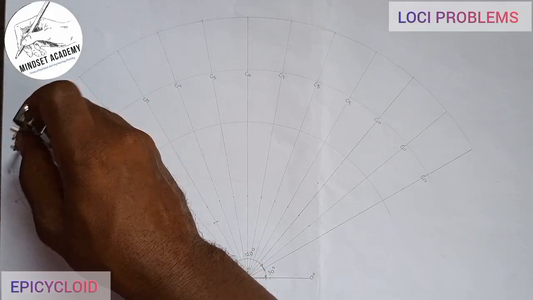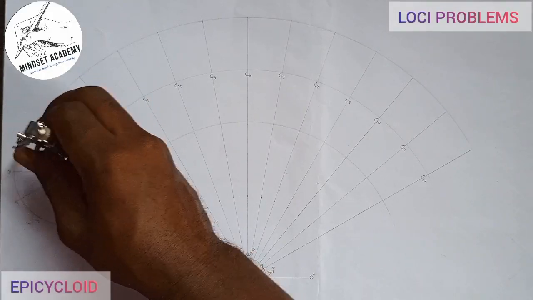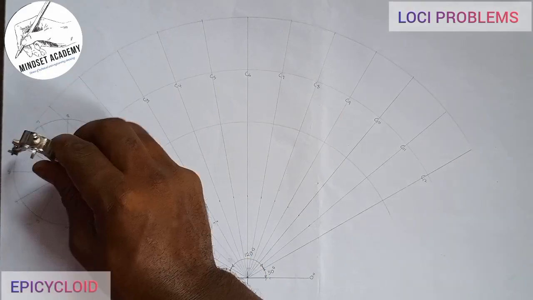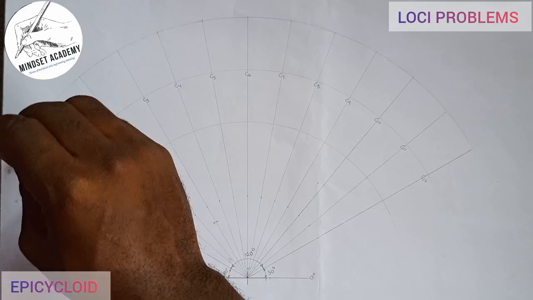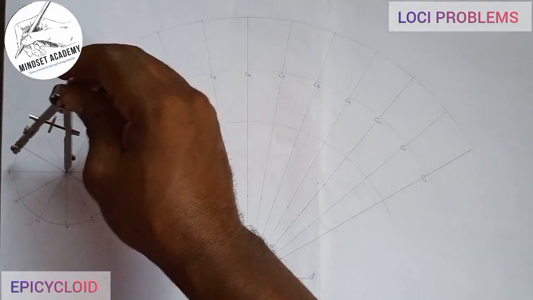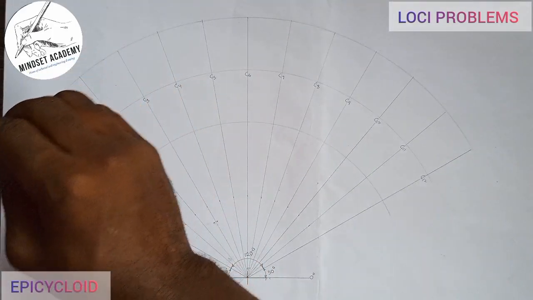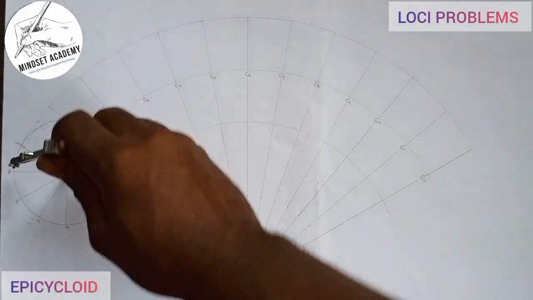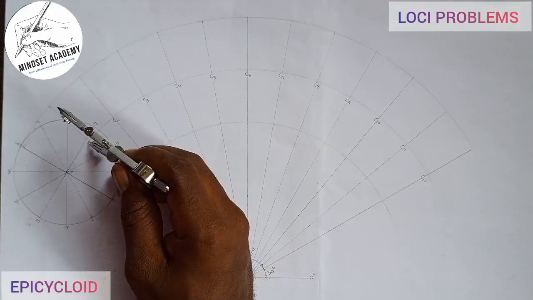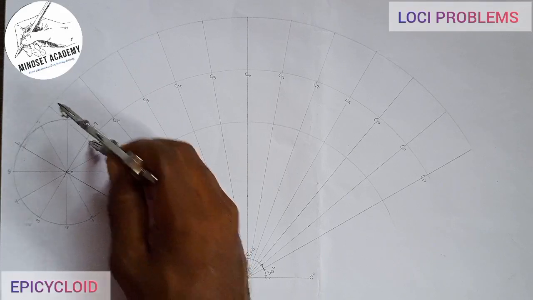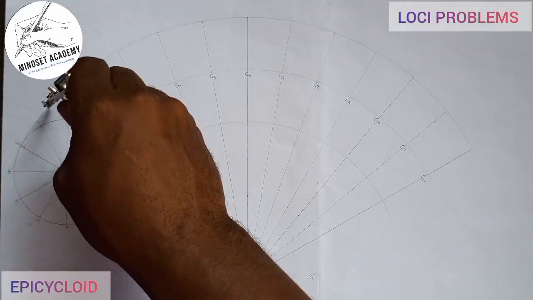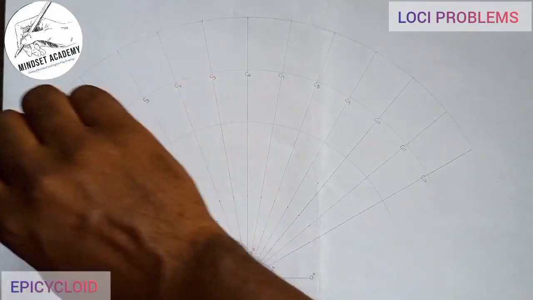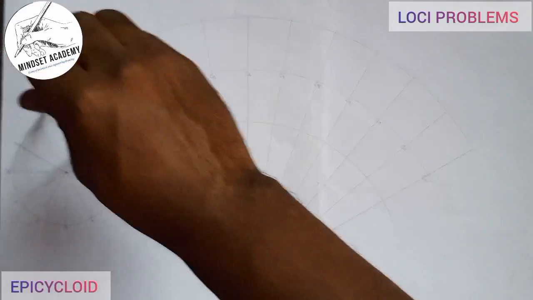So take the radius of the circle, which is 75. Half of the radius is 7.5. I'll take it and come to center 1, and I'm going to draw another circle on center 1 as a faint line.